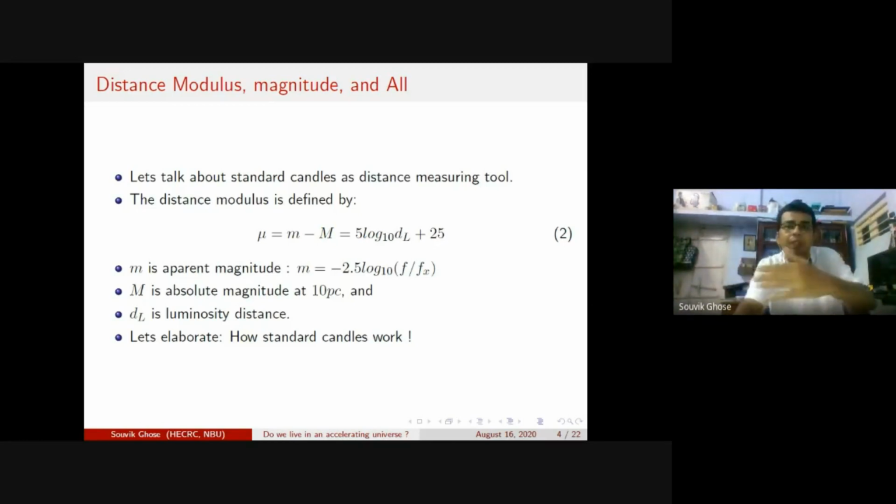And since the luminosity of an object, or rather the flux we receive from it, decreases with increased distance, it should in turn give us a measure of the distance if we know that there is an object with standard luminosity sitting there. What we observe apparently can then be calibrated with the standard one, and we can get a distance measurement.